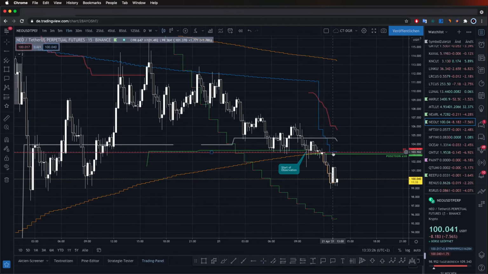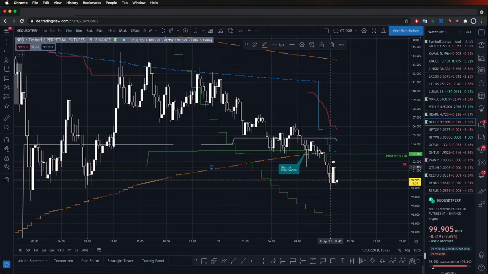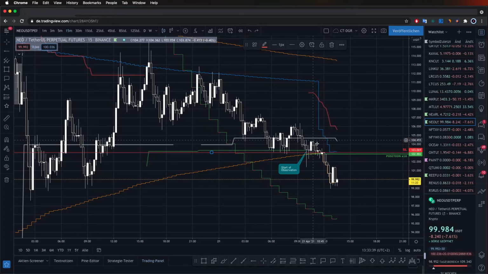I decided to move the stop loss from here up to here, just to be safe, not to lose any money. What happened just 30 minutes later, in fact, was that the price broke back to my entry position and I was stopped out.